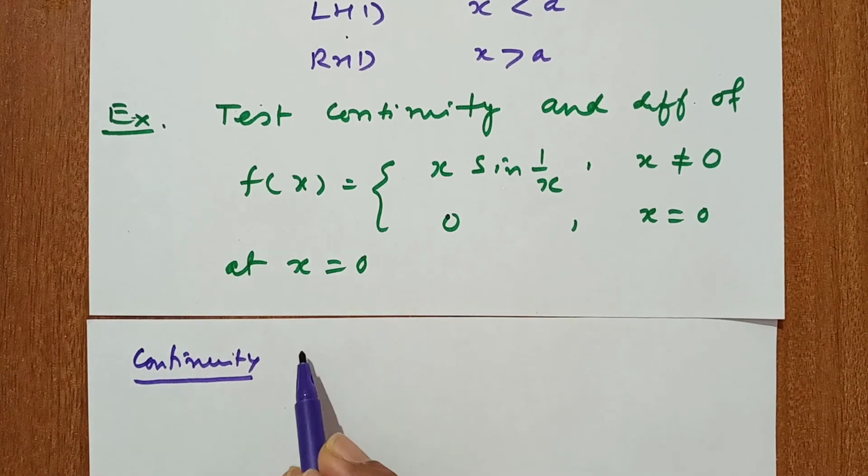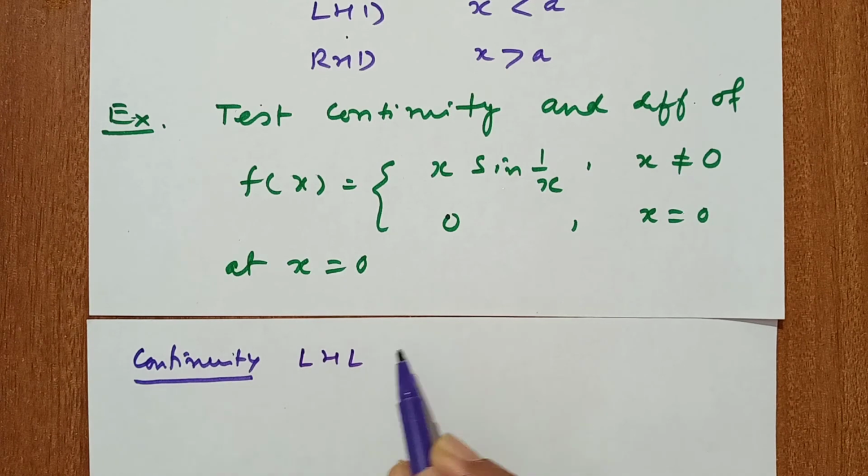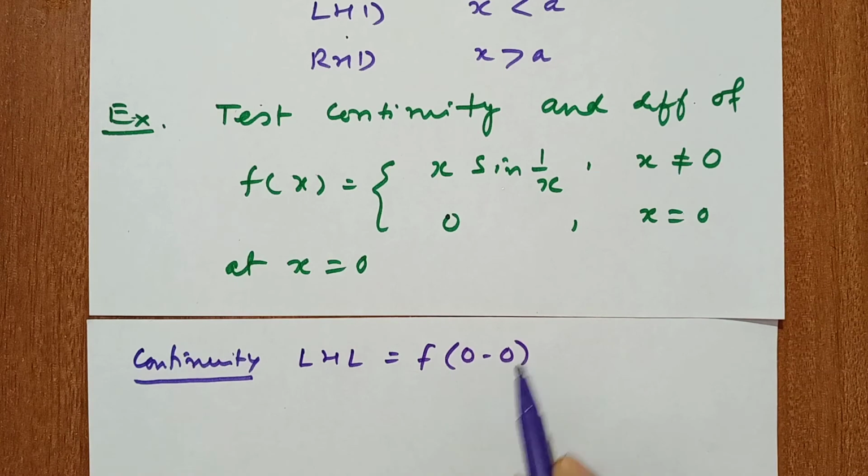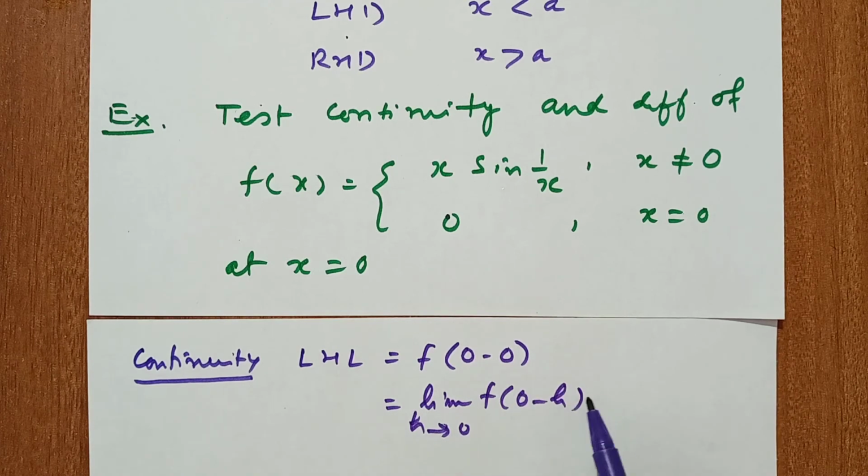So the left hand limit is f(0 − 0) = limit h tends to 0 of f(0 − h) = limit h tends to 0 of f(−h).